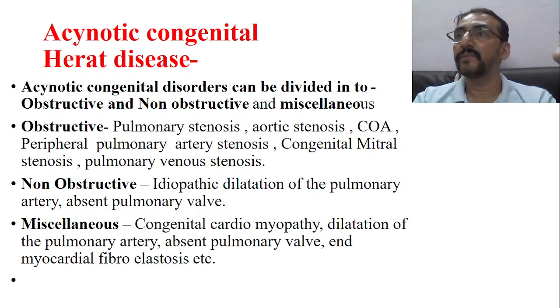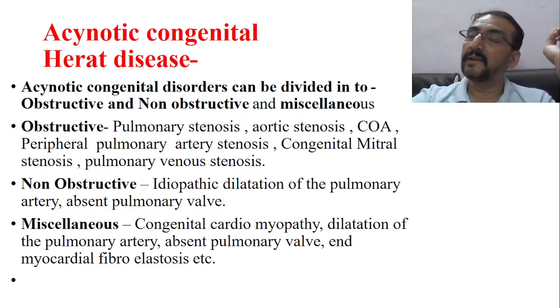as in the case of pulmonary venous stenosis, as in the case of mitral stenosis, as in the case of pulmonary stenosis. What happens in pulmonary stenosis? Because of the pulmonary stenosis, the blood entering from the right ventricle into the pulmonary trunk itself is less.